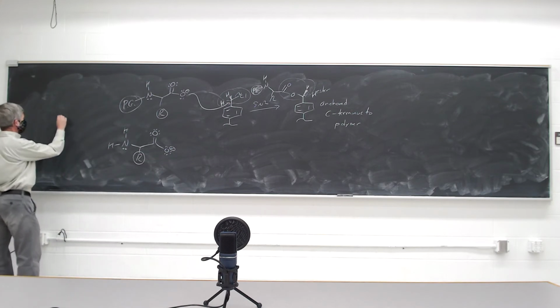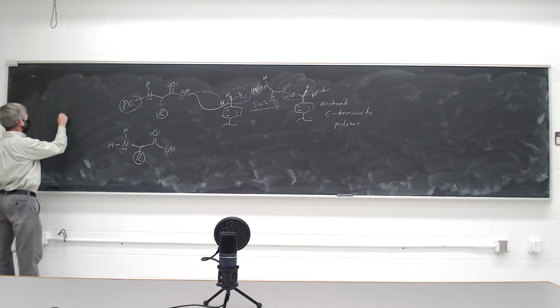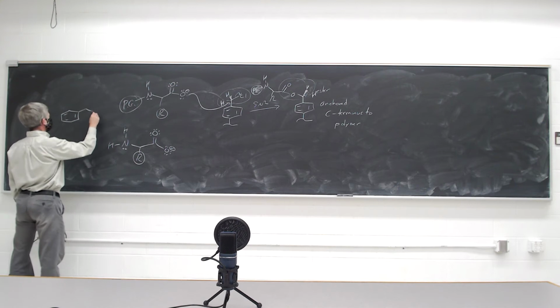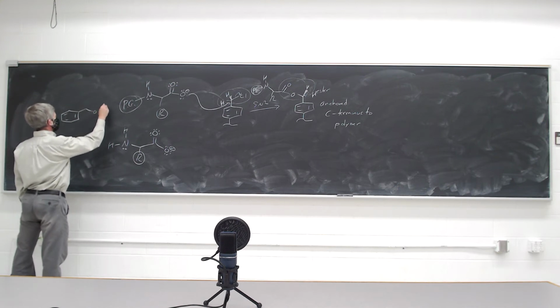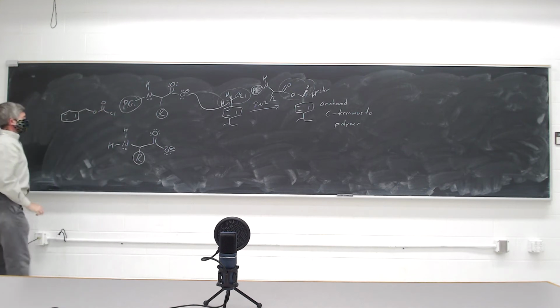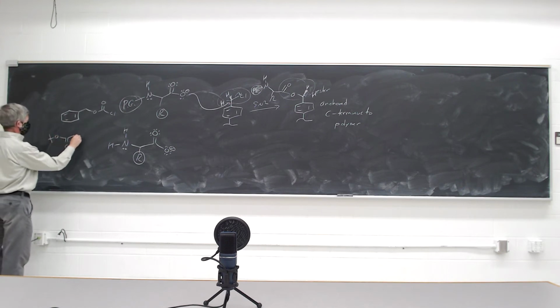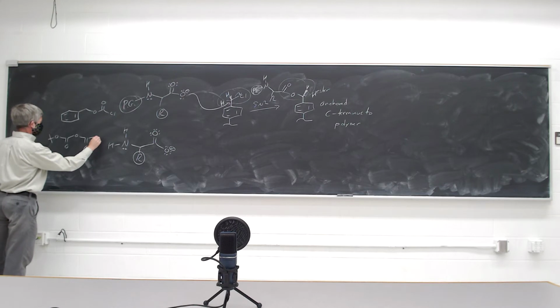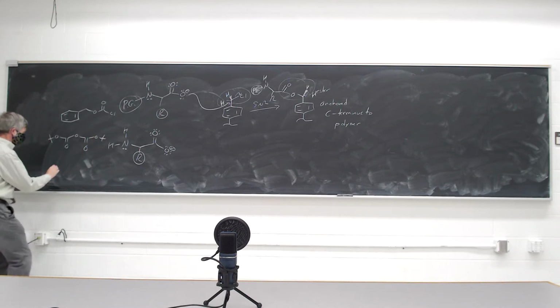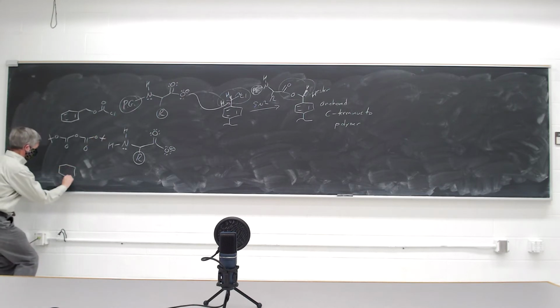And there are 3 common reagents that are used for protecting that N terminus. One of them is that. The other one looks like that. And the third one looks like this.